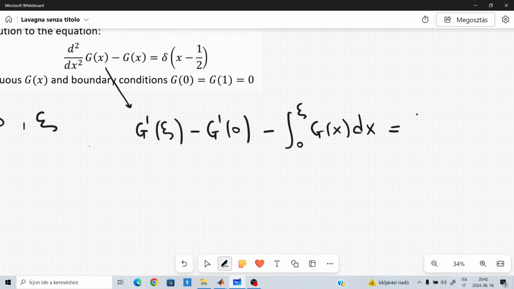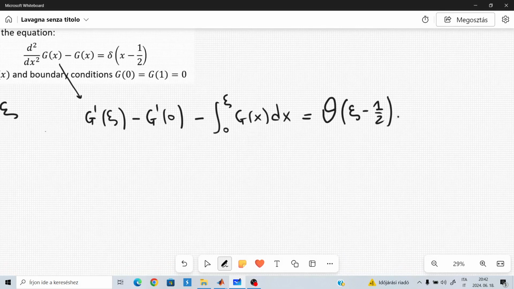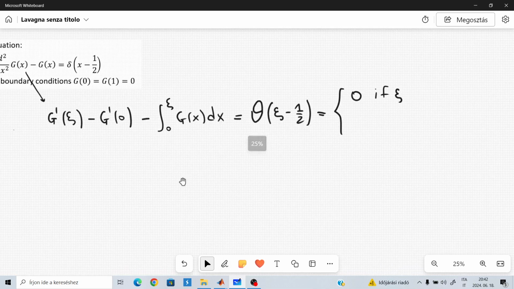And we can put these two conditions together and say that this is equal to theta, the step function, of xi minus 1/2. This basically means that this is equal to 0 if xi is smaller than 1/2, and it is equal to 1 if xi is greater than 1/2.